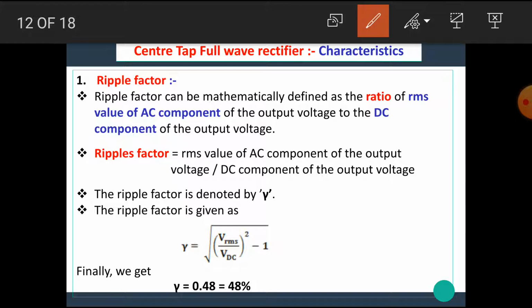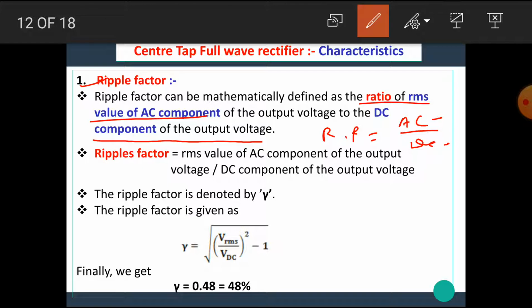Let's see some characteristics of center tap full wave rectifier. First one is ripple factor. The ripple factor can be mathematically defined as the ratio of RMS value of AC component of the output voltage to the DC component of the output voltage. That means ripple factor can be simply defined as AC upon DC, the AC component in the output to the DC component in the output.